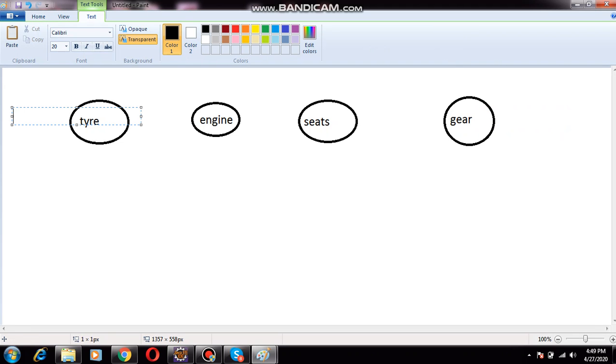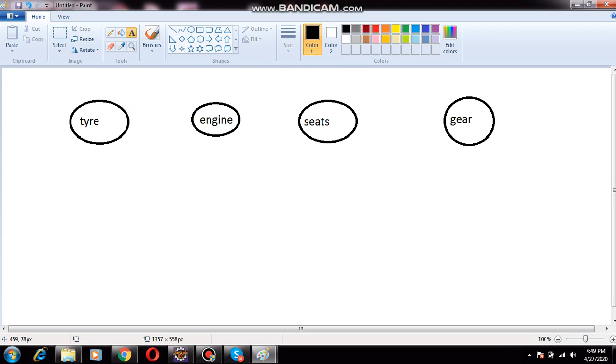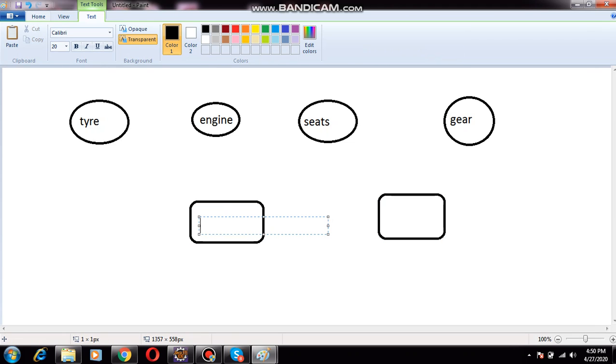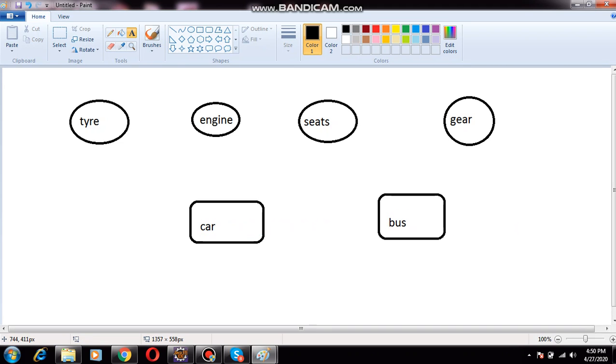These are all interfaces. Tire is one interface, engine is one interface, seats is one interface, and gear is an interface. All these interfaces we are commonly using for car, and in the same way for bus also. So these two, car and bus.